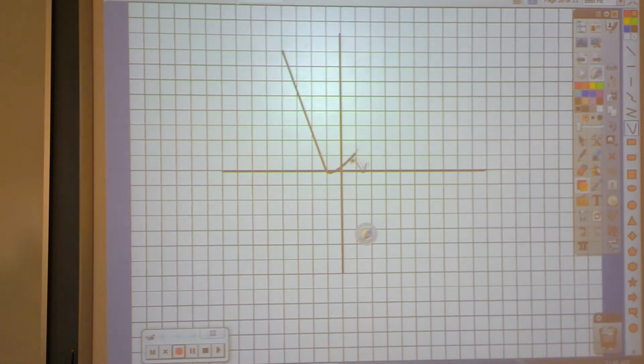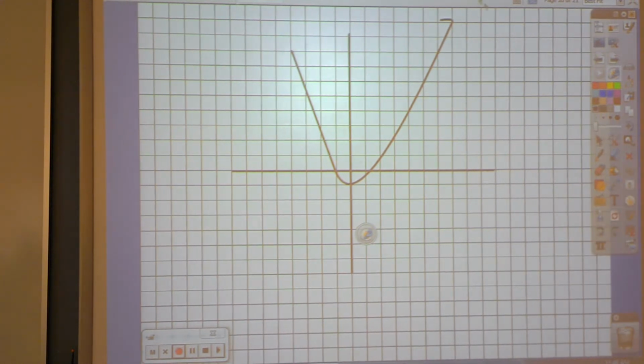I'm trying, people. Are you trying to make a V? I'm trying. There we go. Okay, well, that's what I want. I wanted that, but I don't want this. So just ignore that little piece right there. I don't know why it won't. There. Okay.